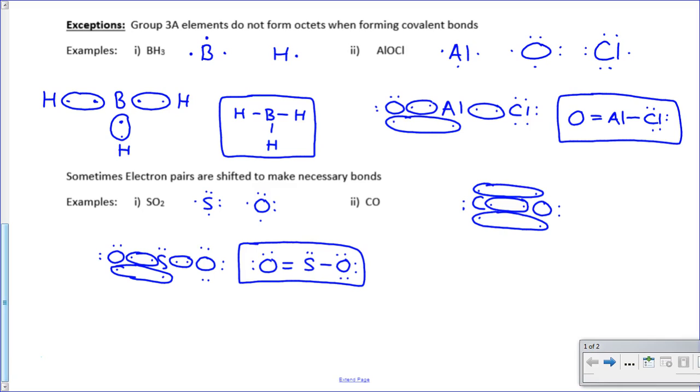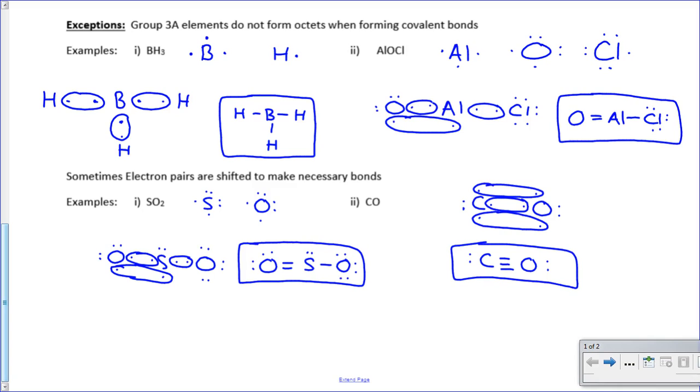And so what you end up with here is carbon triple bonding to an oxygen. All right, and then there is a pair of electrons around the outside. So this is carbon monoxide. It's something that we know exists. If you're thinking these things are weird, they're not particularly stable compounds, but they do form in nature.